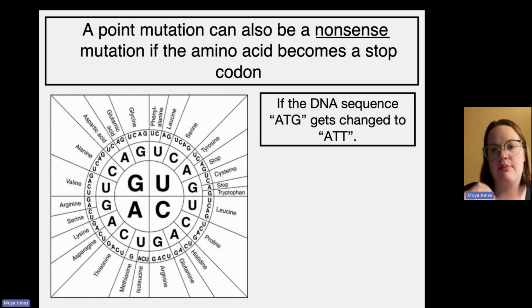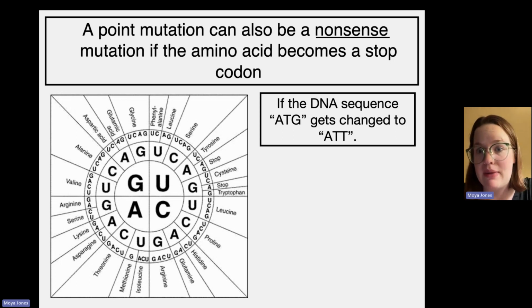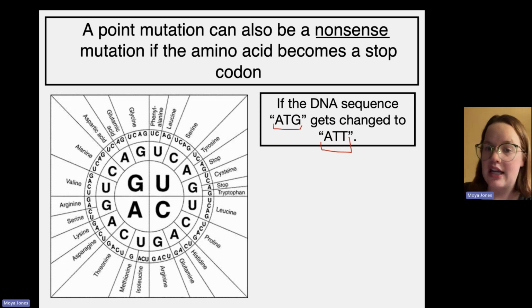Our last type of point mutation is called a nonsense mutation. In a nonsense mutation, the amino acid gets changed to becoming a stop codon, and it causes the protein to stop being made early. So let's say that the DNA sequence started as ATG, and the DNA got changed to ATT. So ATG got changed to ATT.